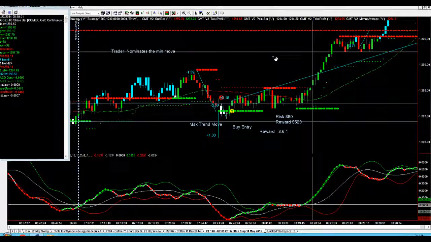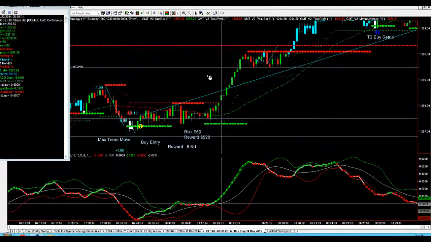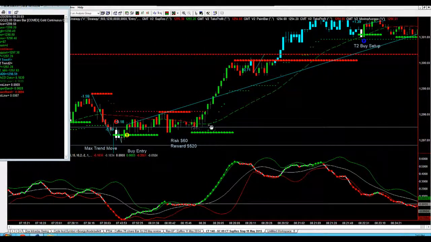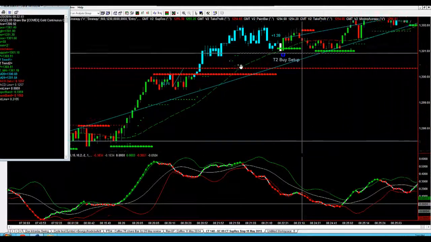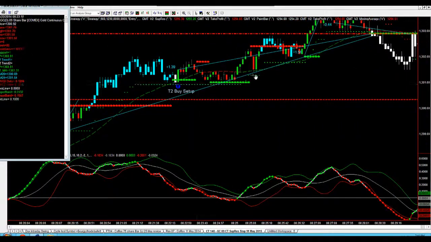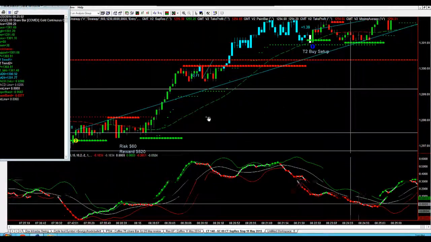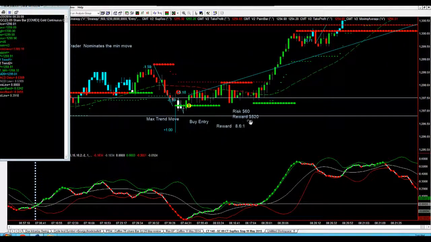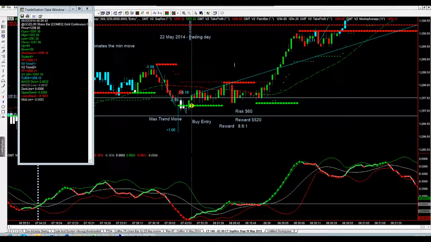This is really a great move, because we get that nice run, price stays above the green dots, and it's not until we get to around about here, and this is a massive move, that we get taken out. So we get taken out right up here. That's a fantastic move. It actually nets out around $520. That gives us a reward to risk of around about 8.6 to 1.